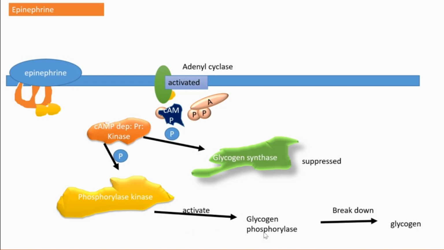It activates another enzyme called glycogen phosphorylase. This glycogen phosphorylase is the enzyme responsible for the breaking down of glycogen. Breaking down of glycogen frees more glucose, and in that way it can raise the level of glucose in the blood.